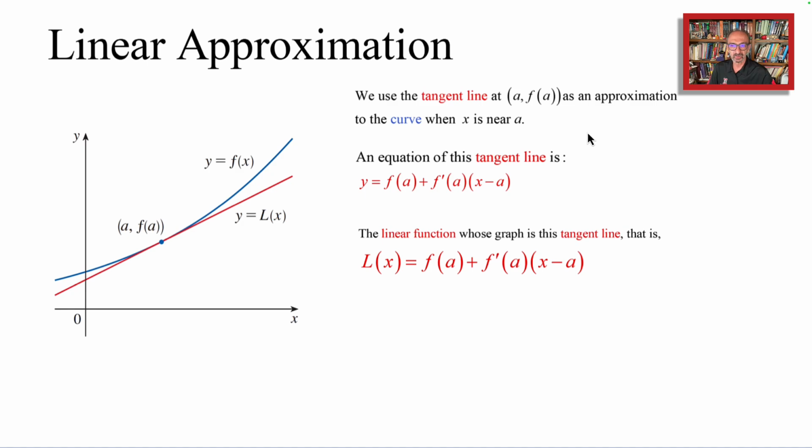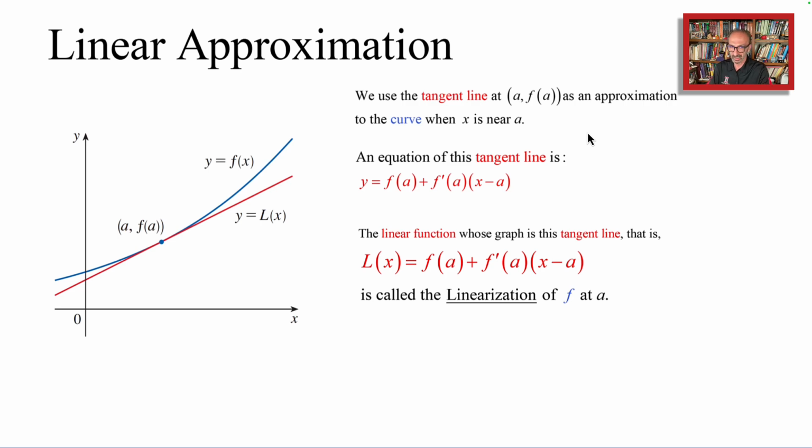To distinguish between both functions, the blue and the red, let's call the red one L for a line. So L of x instead of y equals f of a plus f prime of a times x minus a. That's called linearization of the blue line f at a.